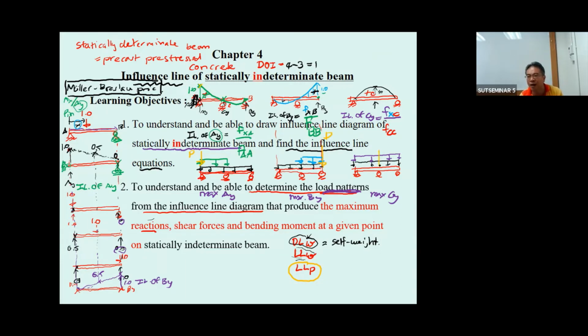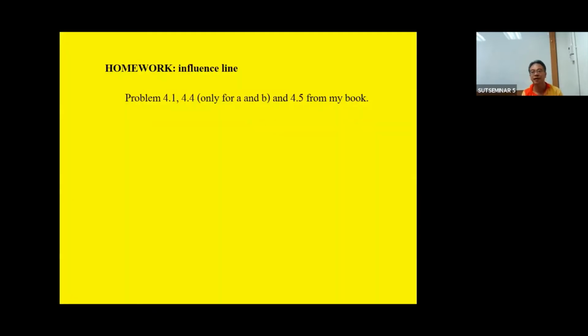And for this one, the P must be here. That's what we had previously in the influence line diagram of the statically determinate beam, from the theory of structure. And then you can apply this concept to the statically indeterminate beam. So there is nothing new.